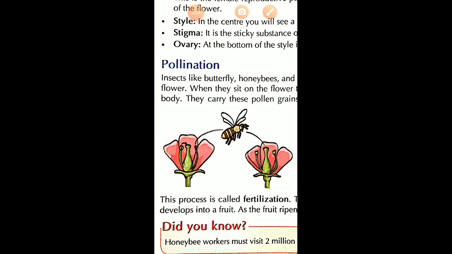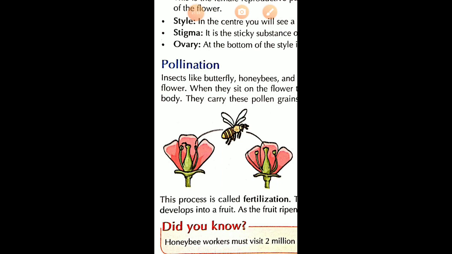Now students, do you know, a flower is also a food for other animals. Plants are the only producers on the earth, because green plants can prepare their own food, and a flower is also a part of the plant.